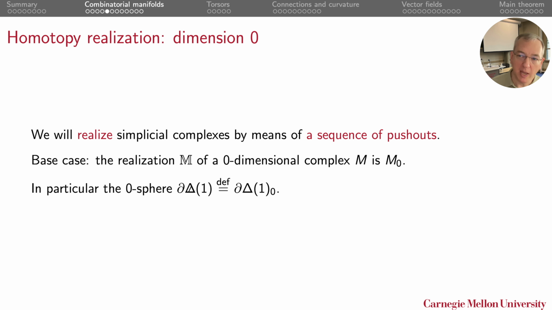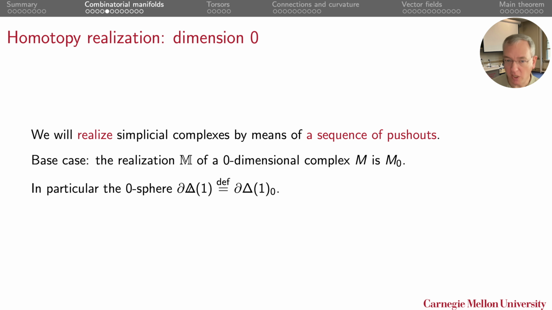We're going to work our way up by dimension, like I said, because in each dimension, we're going to sort of bank the sphere we need, which forms then part of the definition of the next level up. So in dimension 0, we will just simply take the realization, bold M, blackboard bold will be our notation for a type, of a 0-dimensional complex.